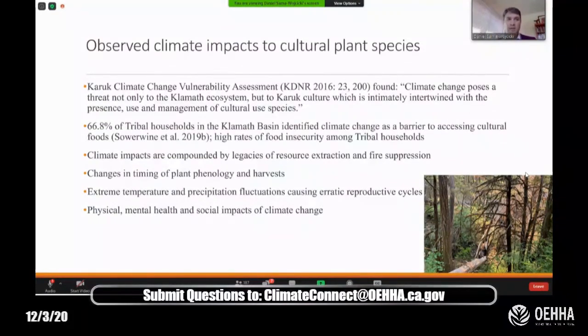The Climate Vulnerability Report outlined some of the myriad physical, mental, and social impacts that climate change is posing to the community related to species decline, food insecurity, and the disruption of cultural practices.